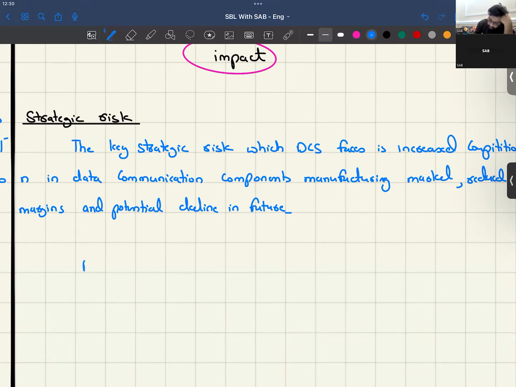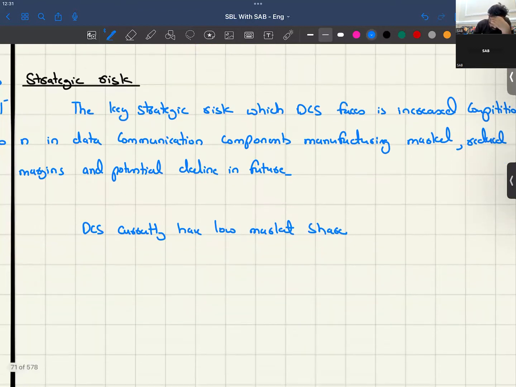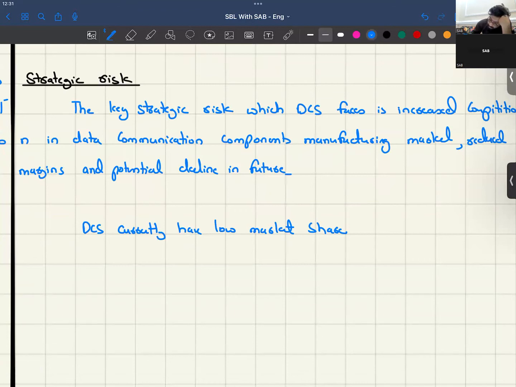DCS currently has low market share. So that's also a problem, right? And have projected a decline in profits for the next 3 years.